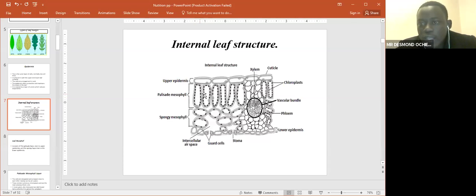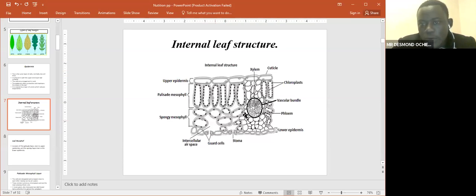So even their location should tell you that they trap maximum sunlight. The many chloroplasts contain chlorophyll, which traps maximum sunlight.